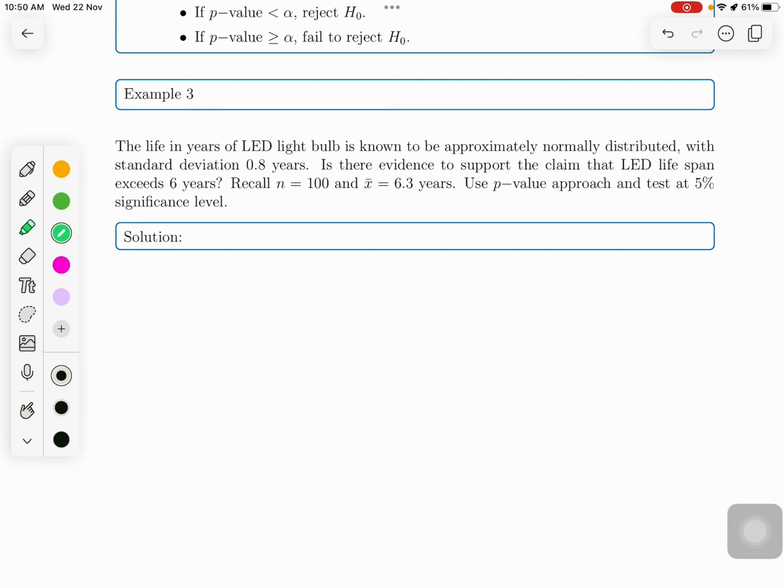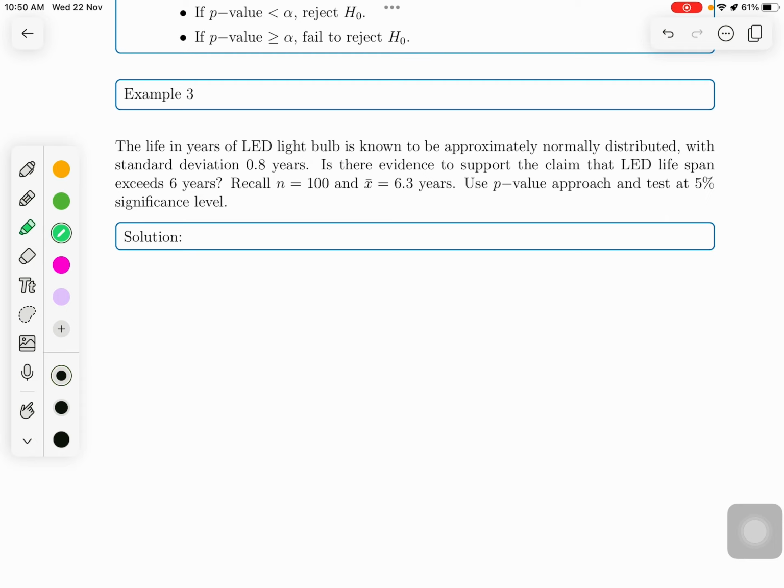The question: is there evidence to support the claim that LED lifespan exceeds 6 years? Recall n equals 100 and x bar is 6.3 years. And they ask you to use the p-value approach with alpha 5%.